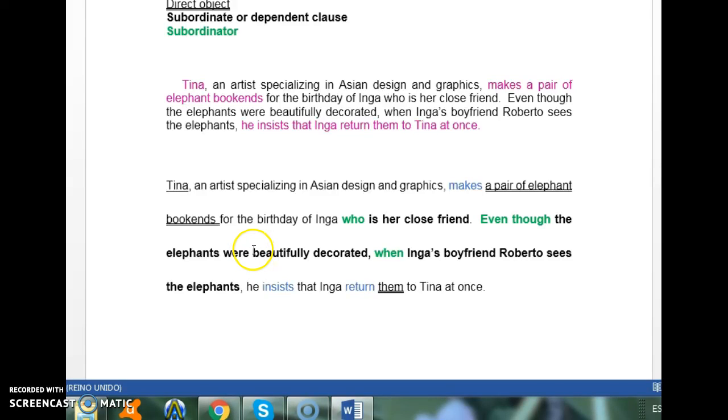The next clause that you have is also subordinated. This one is an adverb clause of time, because it starts with when. When Inga's boyfriend Roberto sees the elephants, he insists that Inga return them to Tina at once. And so here you have an adverb clause of time that begins with this subordinator, that is when.